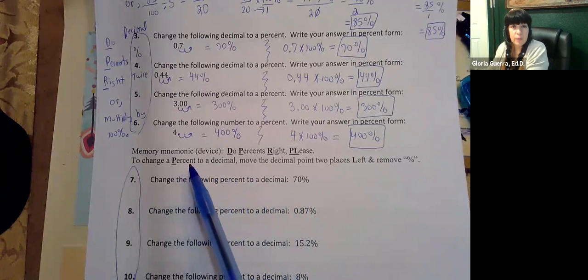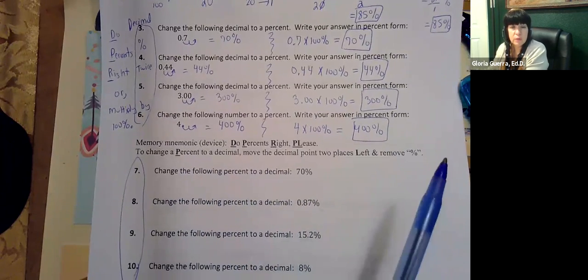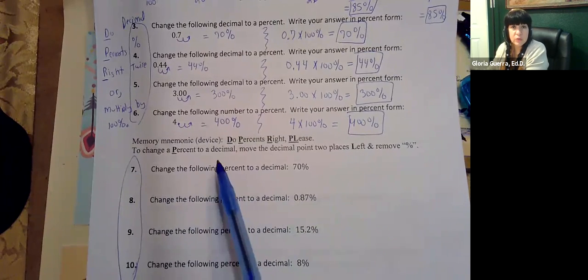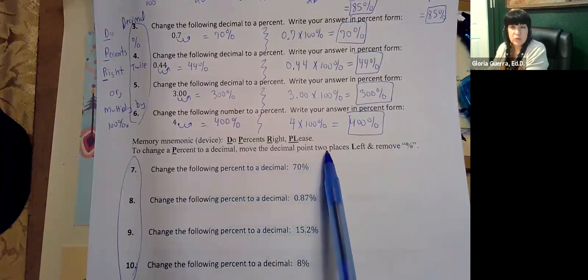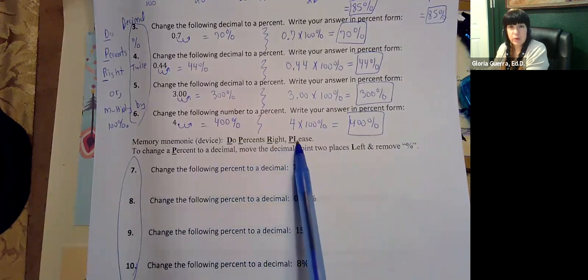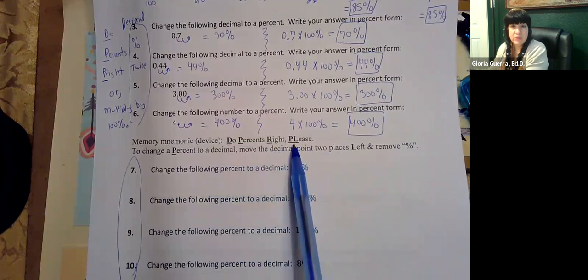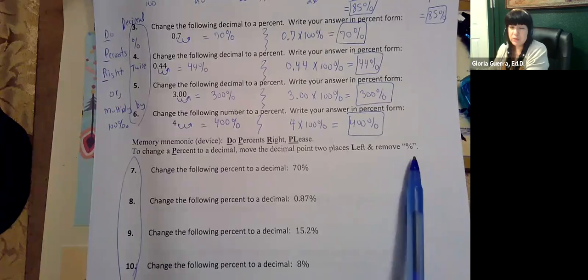When you change a percent to a decimal, you want to move the decimal point 2 places to the left. So that's this part. Do percents right, please. You have a percent and you're going to move it left, because you want to make it into a decimal, and you have to remove the percent symbol.